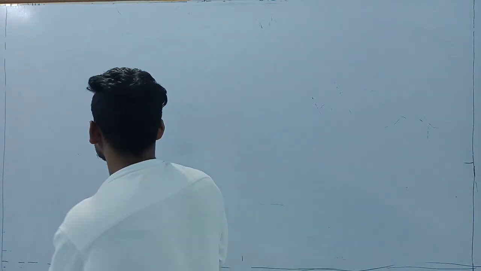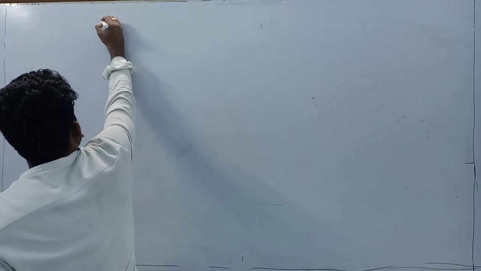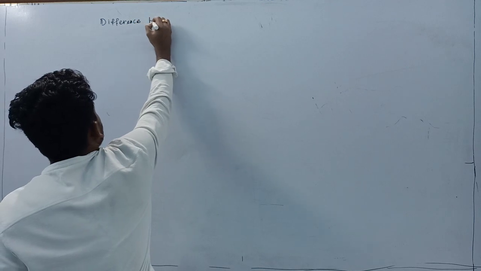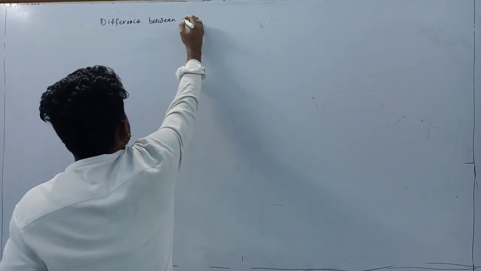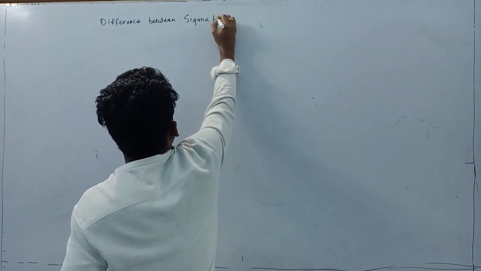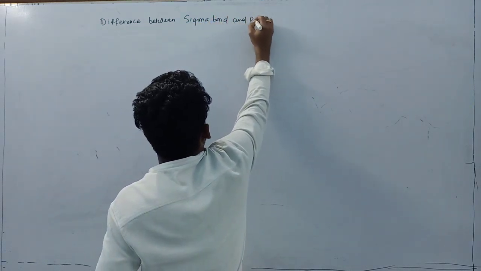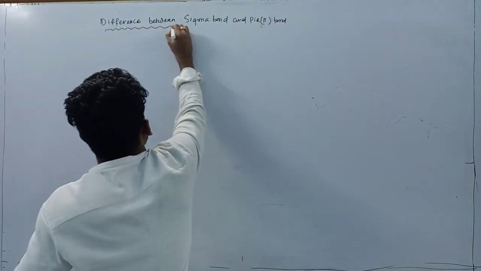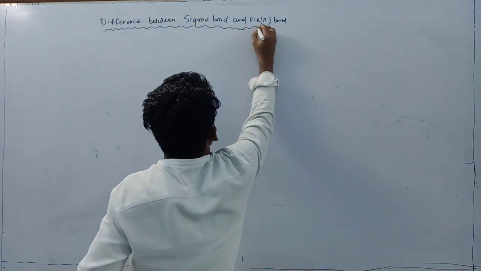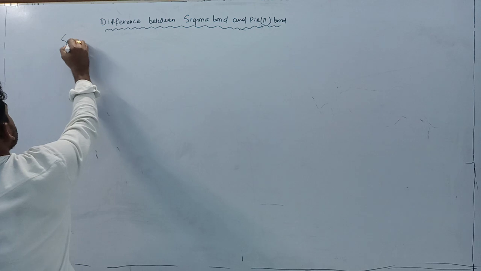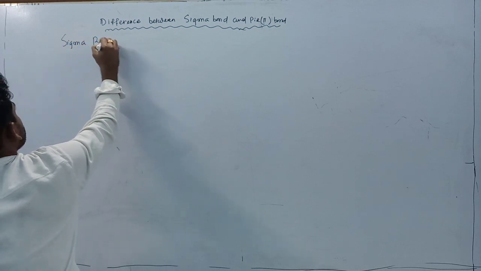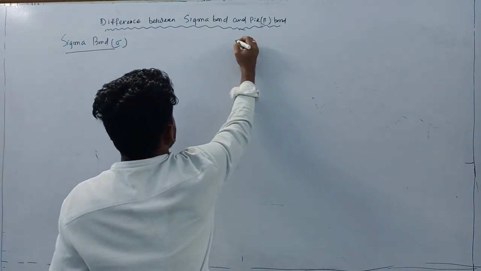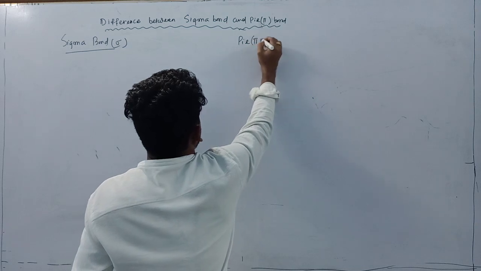Very important, that is the difference between sigma bond and pi bond. This one is sigma bond. It is designated like this, and another one is pi bond.